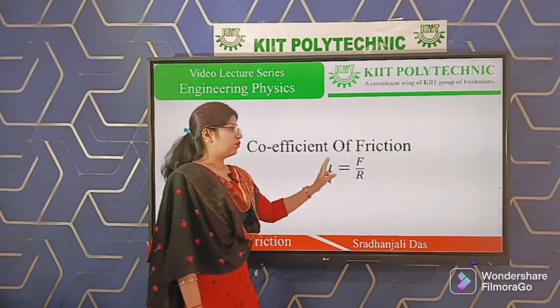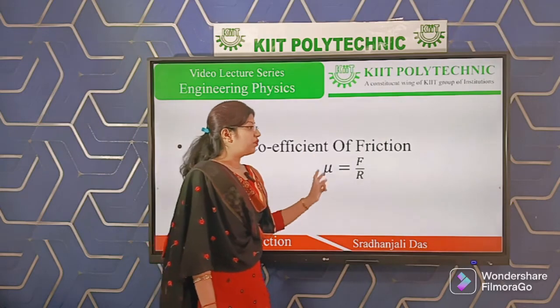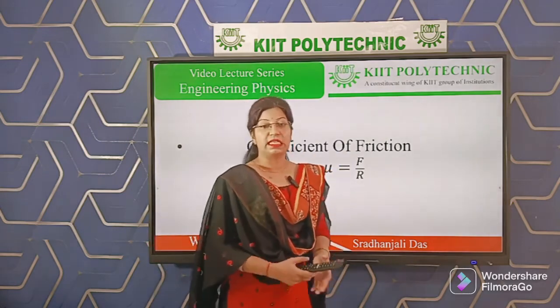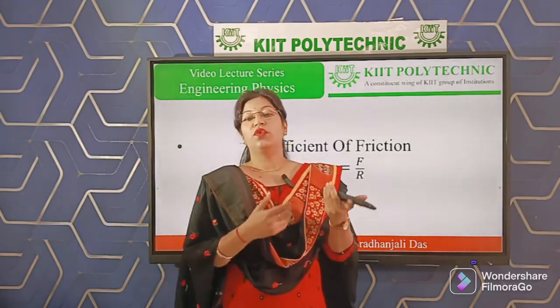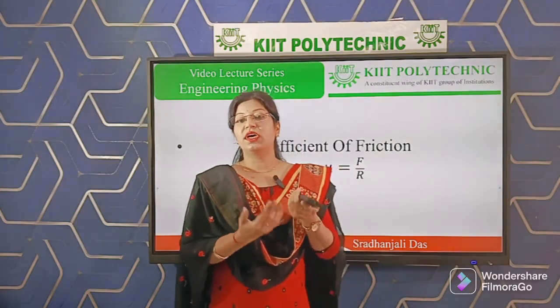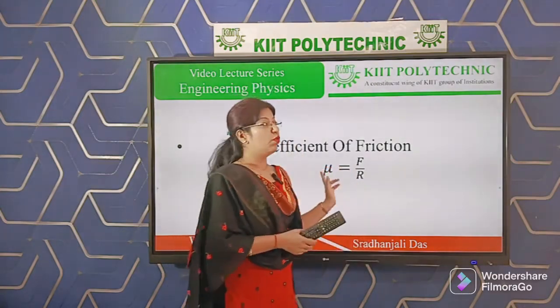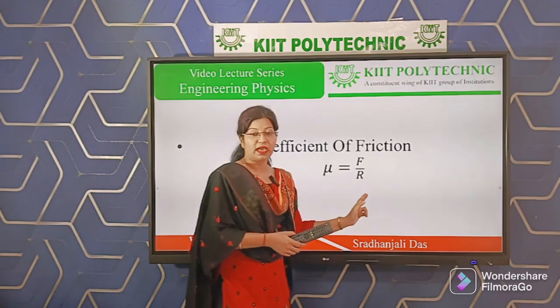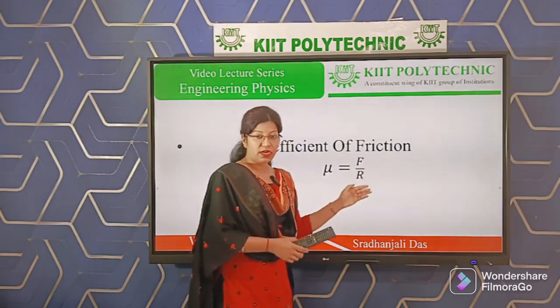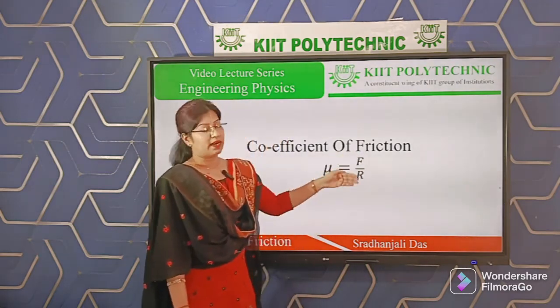So what's the definition of coefficient of friction? The coefficient of friction is defined as the ratio of the force of friction to the normal reaction. That means mu equals F by R, where F is the force of friction and R is the normal reaction.